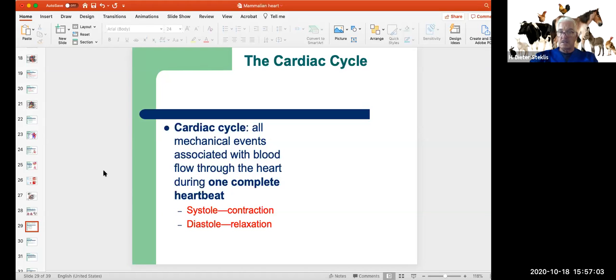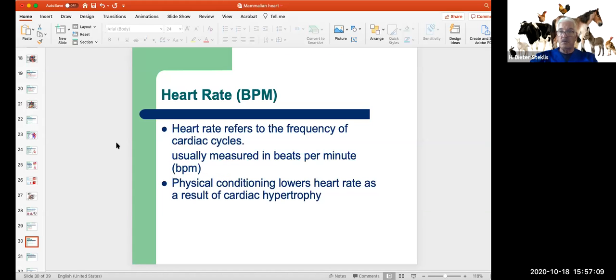Both the systole and the diastole. That's one complete cycle. And so when we talk about heart rate, and this is important because we'll talk about heart rate differences between species in the last section of this lecture, we're talking about really the frequency of cardiac cycles, usually measured in beats per minute, and lots of things can change that.